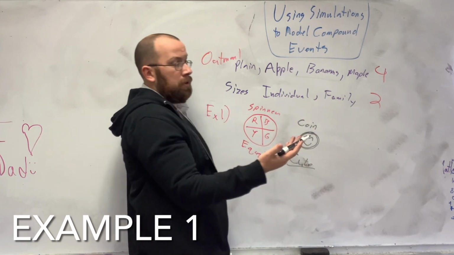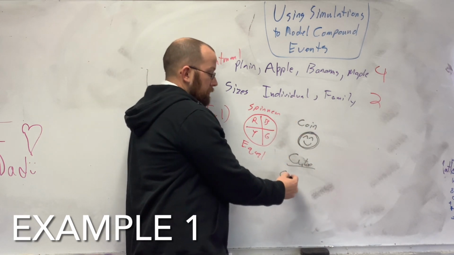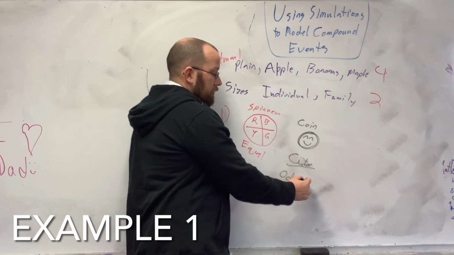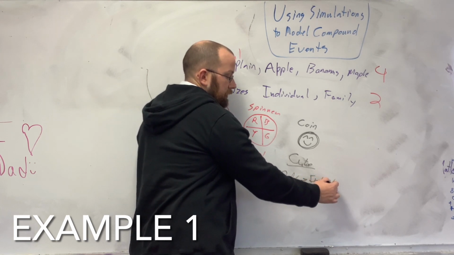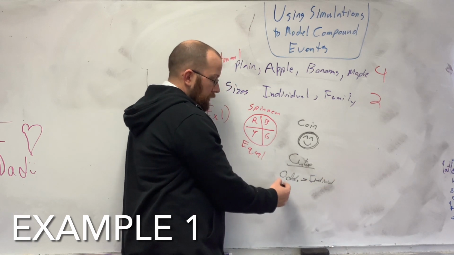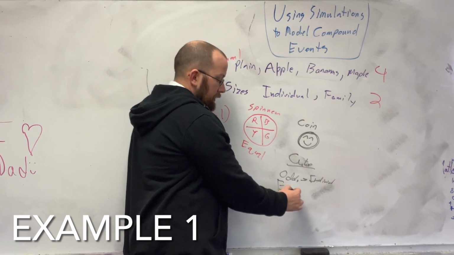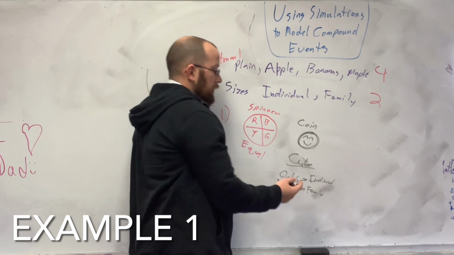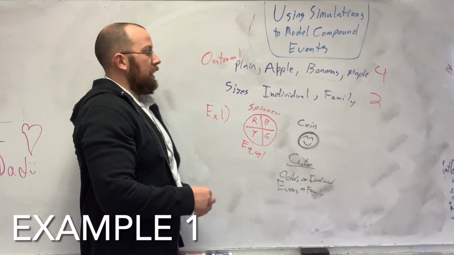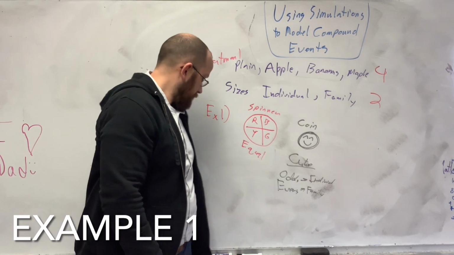Since you have 2, odds are individual and evens are family. So there you go. That is the way you can represent this.